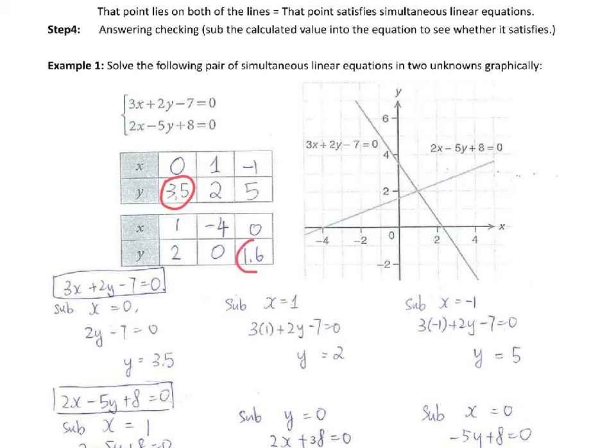And this one, 1.6, is even worse. So it is difficult for you to plot the graph.